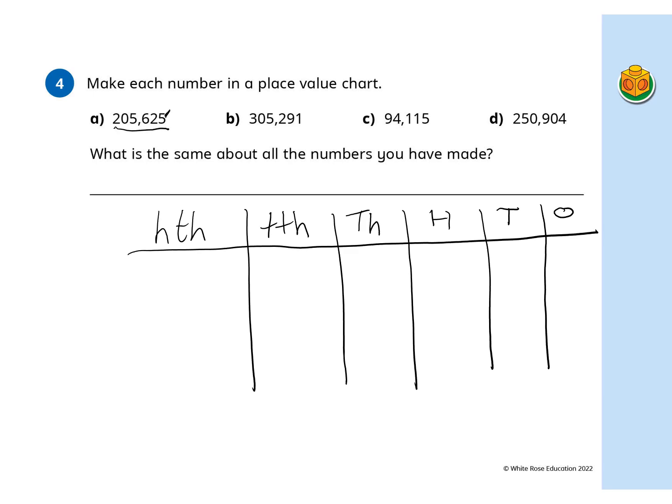So I've got 5 ones, 2 tens, 6 hundreds, 5,000s, no 10,000s, but 200,000. Pause this video now to try and make your numbers on a place value chart. You can draw it down on some paper.